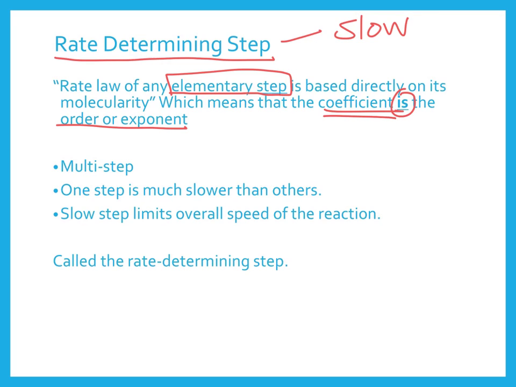But when you have it broken down into the elementary steps, then the rate law for each step is based on the coefficients. So we are going to look at how we determine which one's slow or fast. They will either tell you the steps are fast, fast, slow, or whatever, or you'll be asked to look at the reaction rate law and pick the slow step.